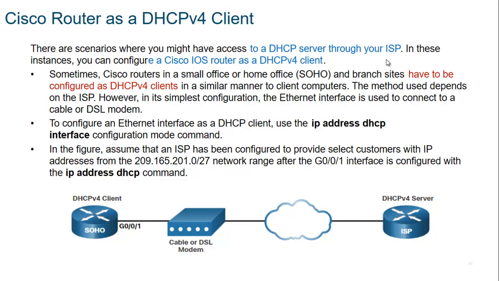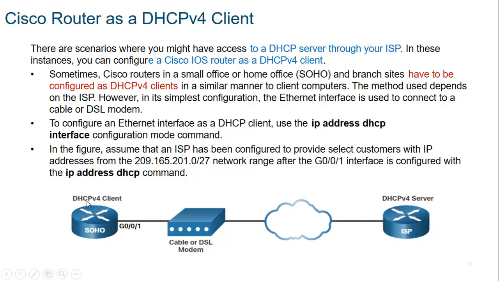The method used depends on the ISP. However, in the simplest configuration, the Ethernet interface is used to connect to a cable or DSL modem. To configure an Ethernet interface as a DHCP client, you use the ip address dhcp interface configuration mode command.